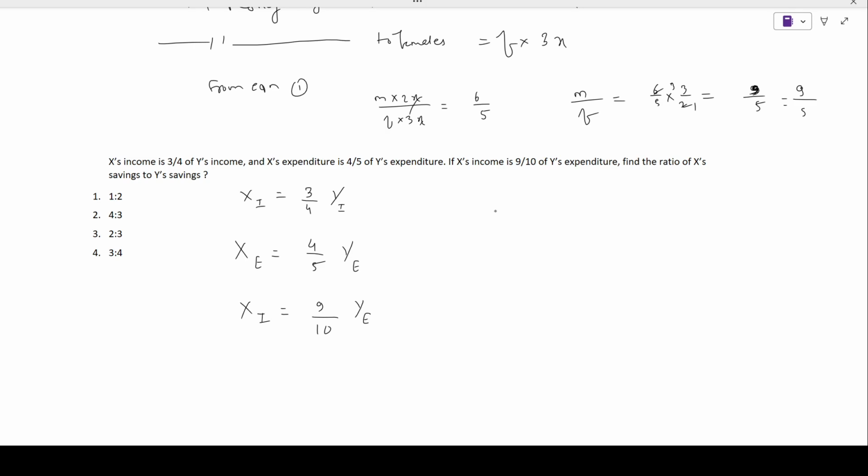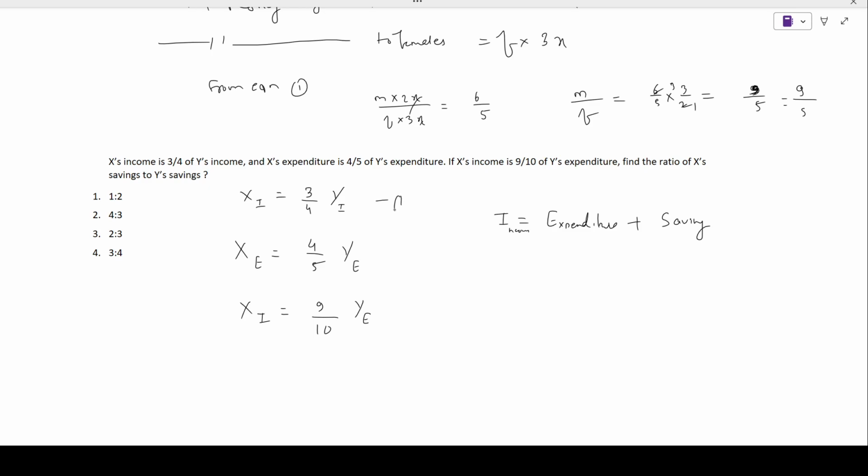So we know that total income will be equal to expenditure plus savings.